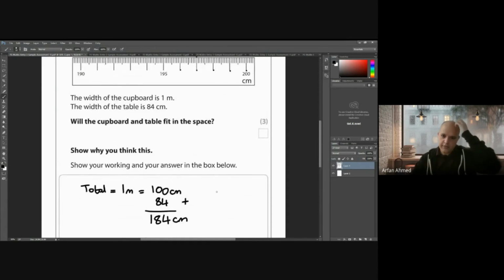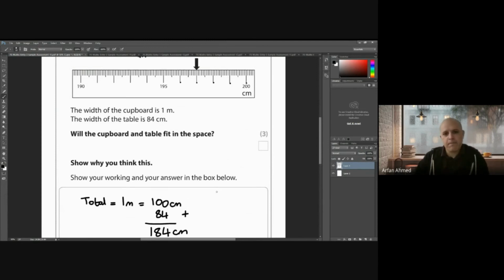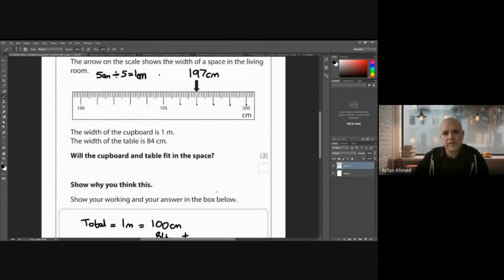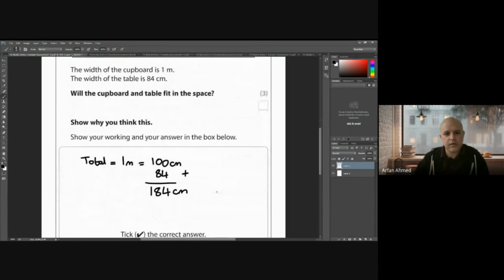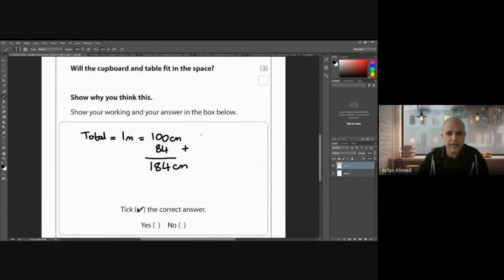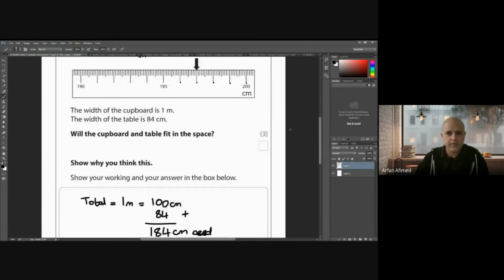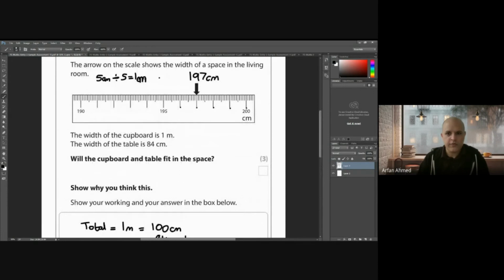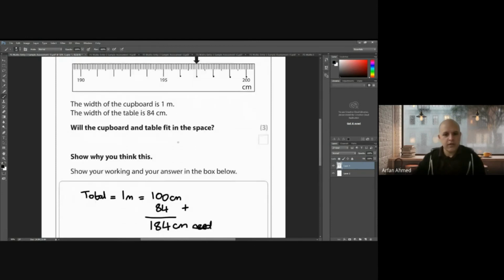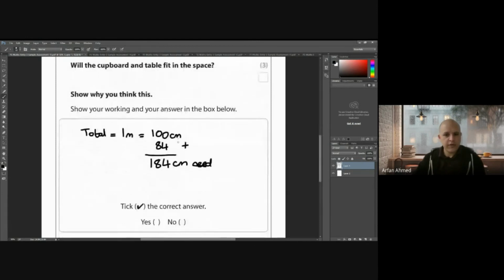So can that fit in 197 centimeters? Yes, it can. This is what we need, and this space right here is what we've got. That makes sense, doesn't it? We've got 197 centimeters. Can we fit 184 in there? Yeah, we can.